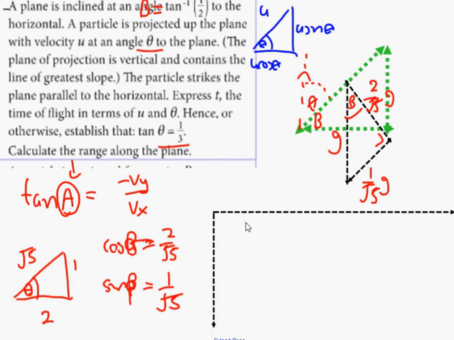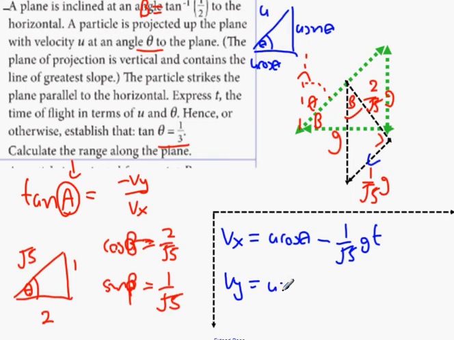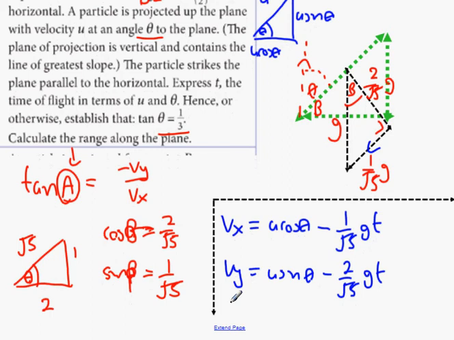So, what's v x equal to, lads? v x is equal to u cos theta minus 2 over root 5 g t. v y is u sine theta, take away 1 over root 5 g t. Just keep an eye on these for me, lads. Just double check them. Do not want to go wrong here.